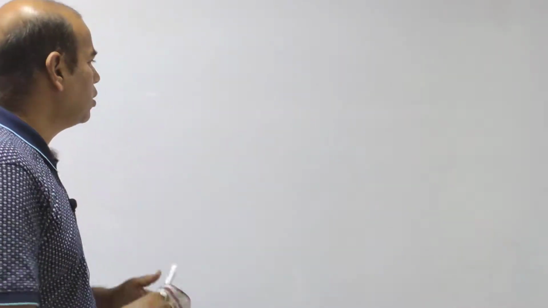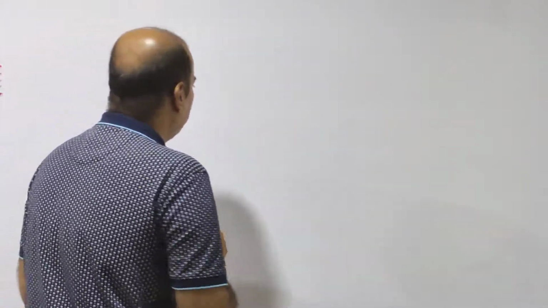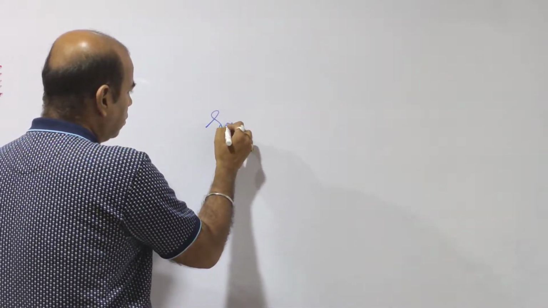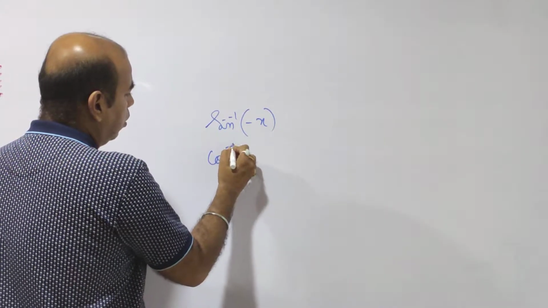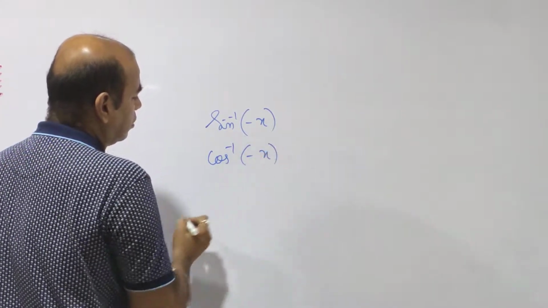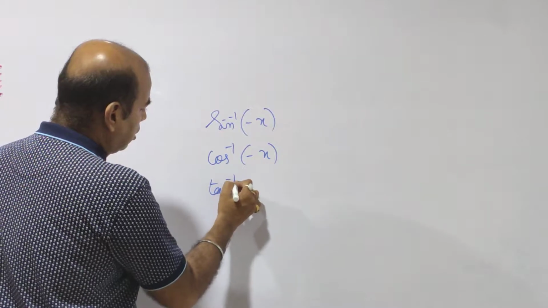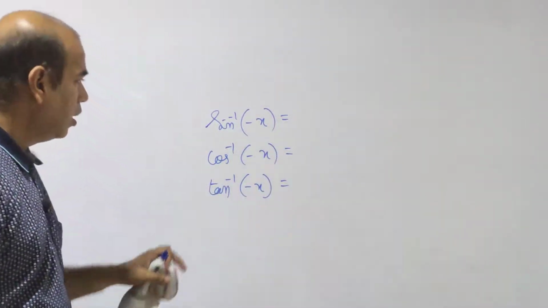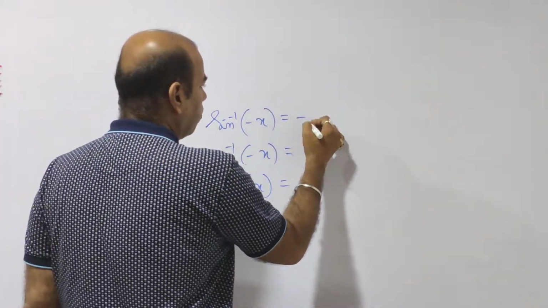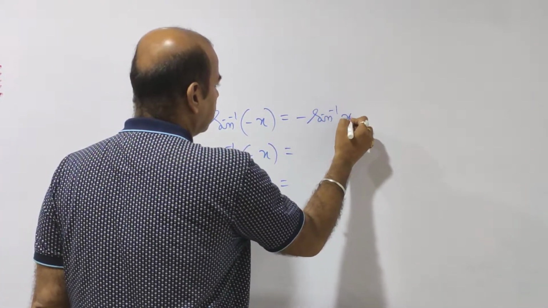My next point is what? I have to explain to you what happens when it is sine inverse minus x, when it is cos inverse minus x, when it is tan inverse minus x. Sine inverse minus x is minus sine inverse x.